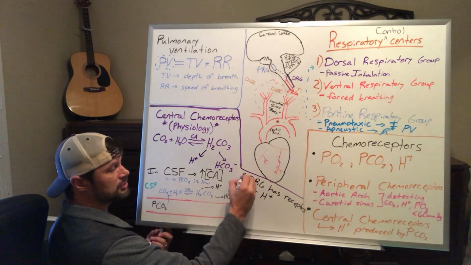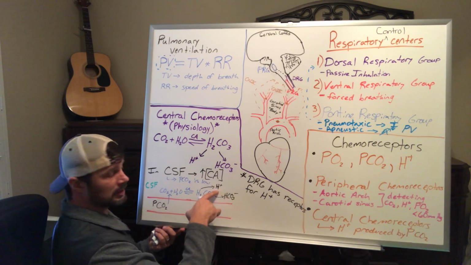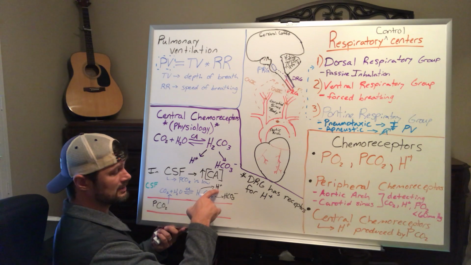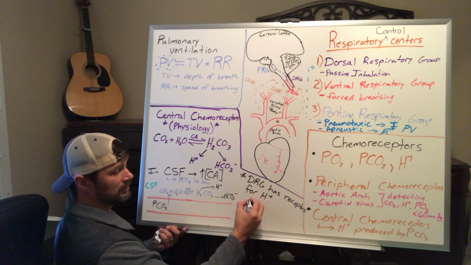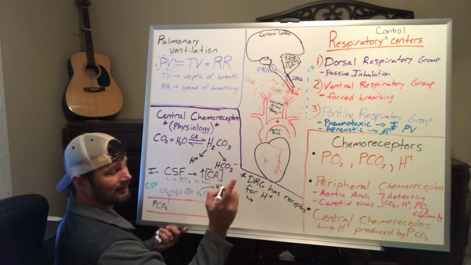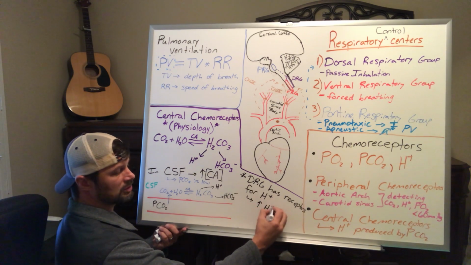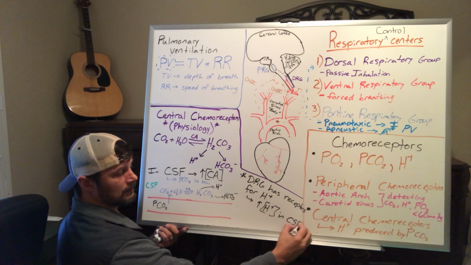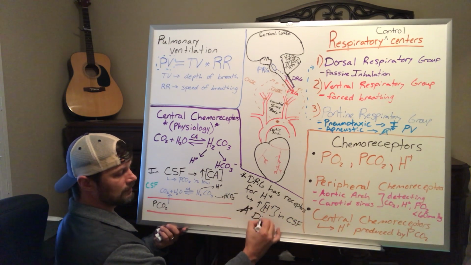And if the DRG has receptors for hydrogen, then the hydrogens that are being released through the dissociation of carbonic acid, those hydrogen levels are detected, and therefore they are activated. Okay? As you increase the concentration of hydrogens in the CSF, that's going to activate the DRG.